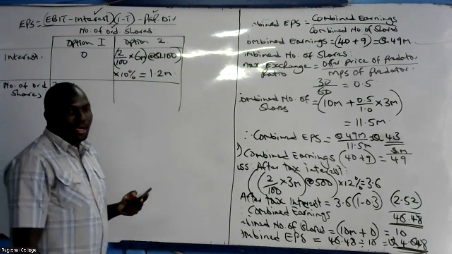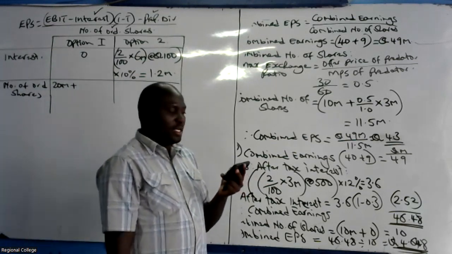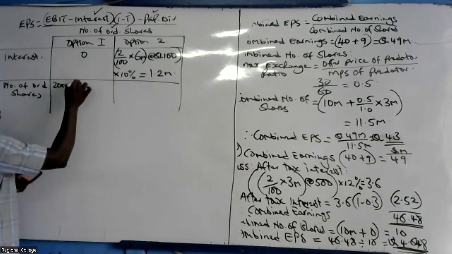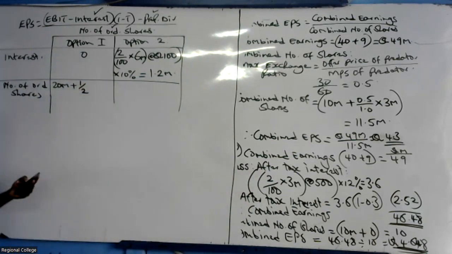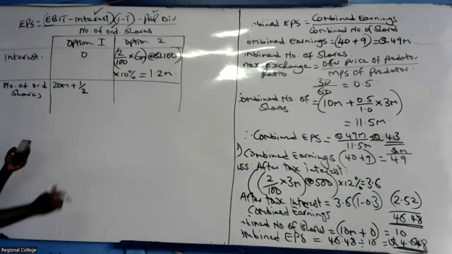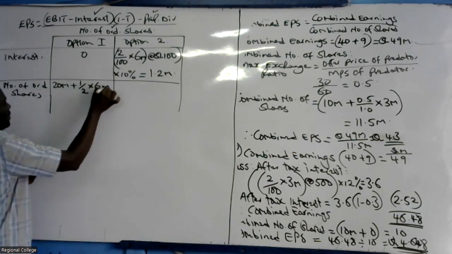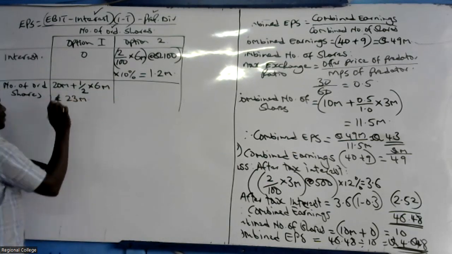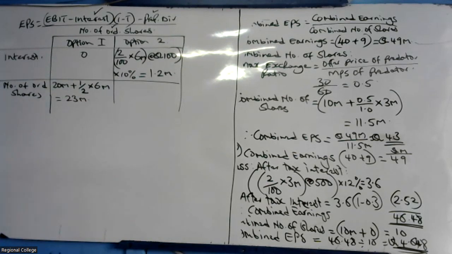Plus, what is the ratio of exchange? 1 share for every 2, out of 6 million shares that Query has. So the combined number of shares becomes 23 million shares.